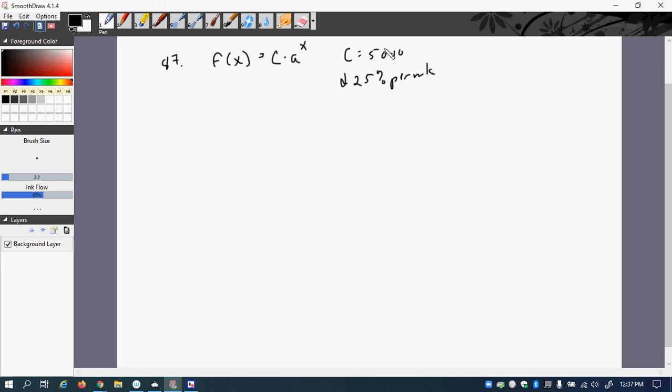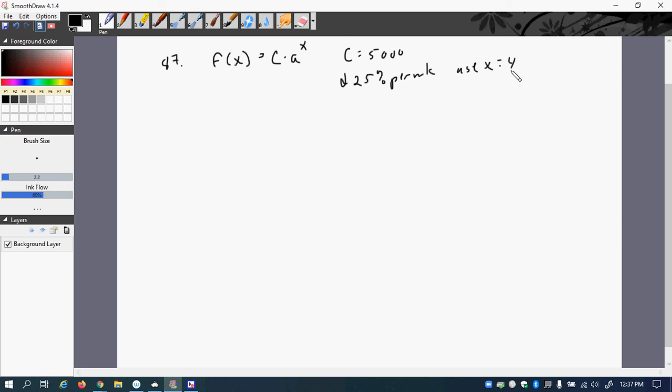So that's the problem we have, and they want us to evaluate at 4. So we're going to have x equal 4 when we get done with this formula.